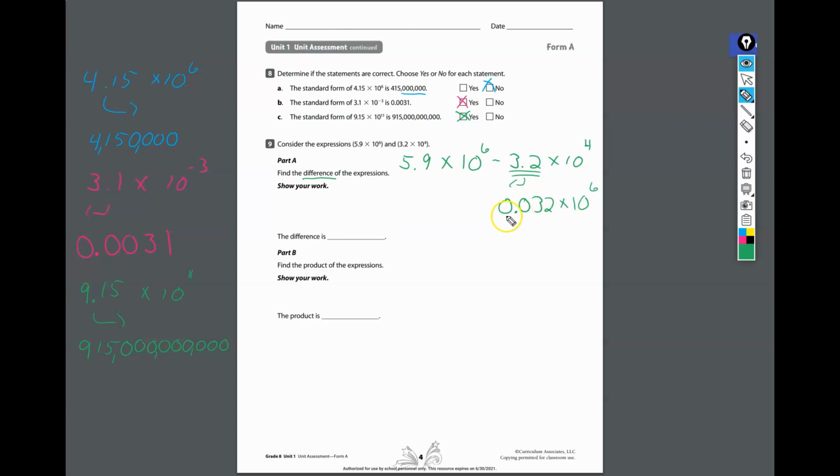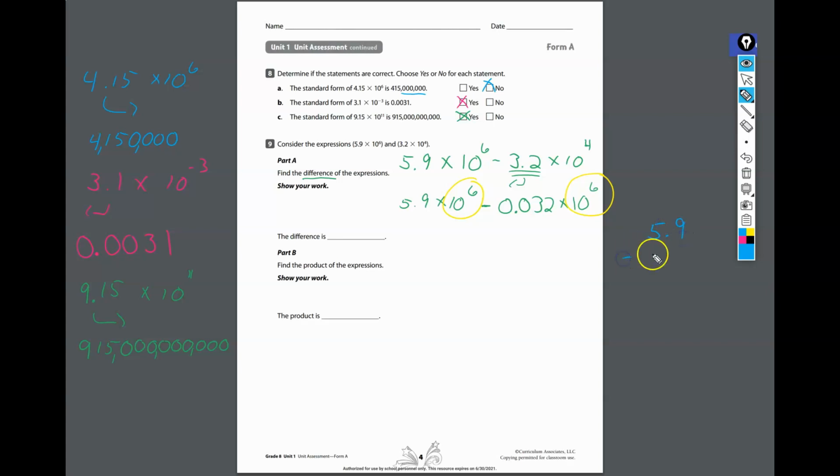Remember, this 0 out in front is just for decoration. So that was 1, 2, minus 5.9 times 10 to the 6th. I'm not going to change this other number. Now I have the same base 10. Now I just simply subtract the numbers.